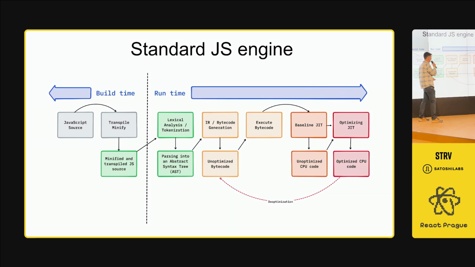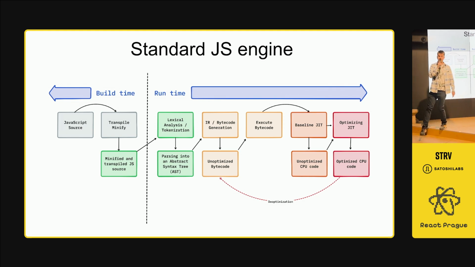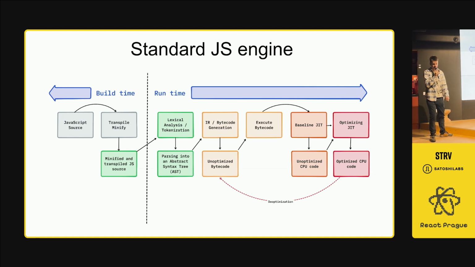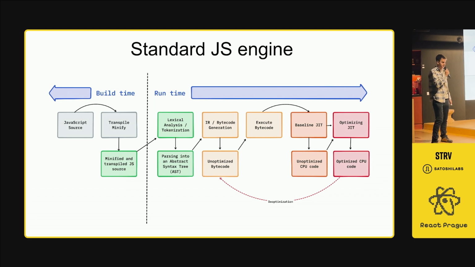And now when we have bytecode, we can execute it. And this is actually where, if you stop, it will work. But this is not where most of today's browsers end. There is also something called JIT, which is just-in-time compilation, and we will get into it in a moment.